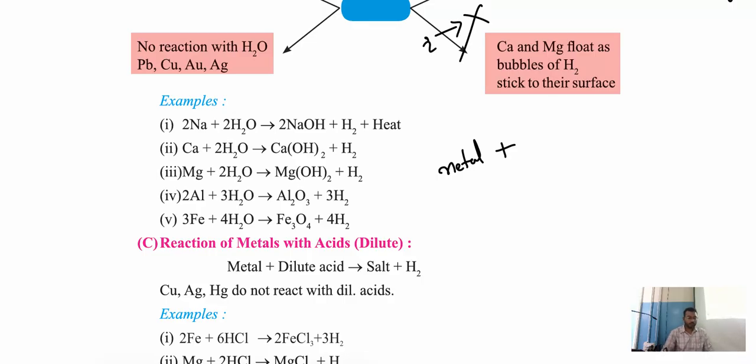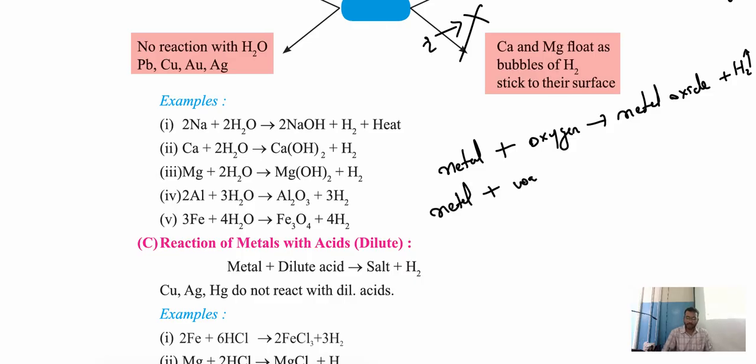When metal reacts with oxygen, it gives metal oxide. This we have already discussed. Plus hydrogen gas is liberated. Similarly, in the second case, when metal reacts with water, it gives metal hydroxide plus hydrogen gas liberated along with heat.